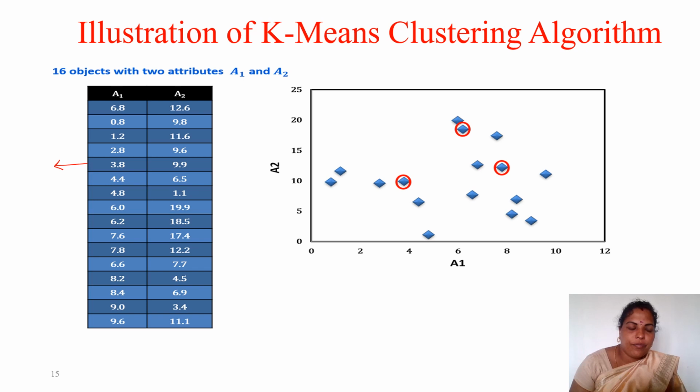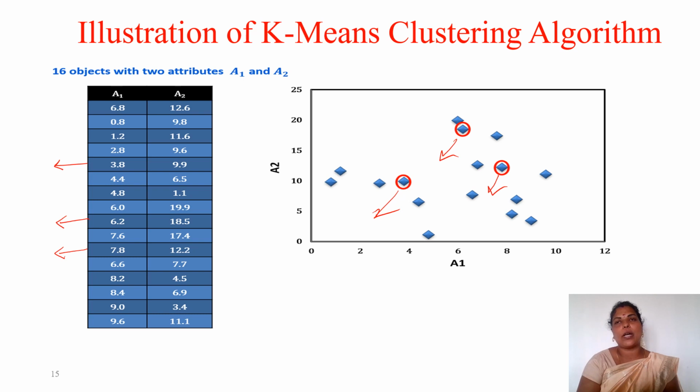Then this one, 6.2, is another center. Then 7.8 is another center. So these 3 are chosen as the initial cluster centers. Here it is randomly chosen.